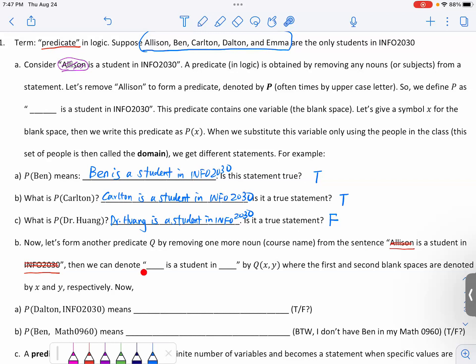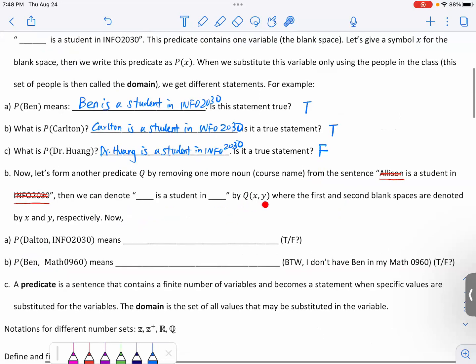So now we get: blank is a student in blank. Now we actually have 2 variables. Just the same rationale as what we mentioned earlier, we're going to need two variables for the two blanks. So we're going to denote that by Q of x, y. X is the first one, y is the second one. Okay, so that's what Q of x, y is.